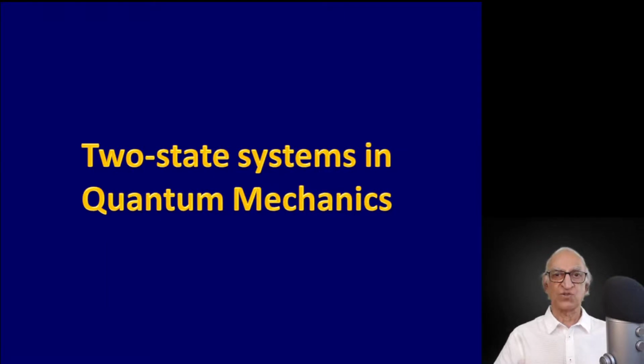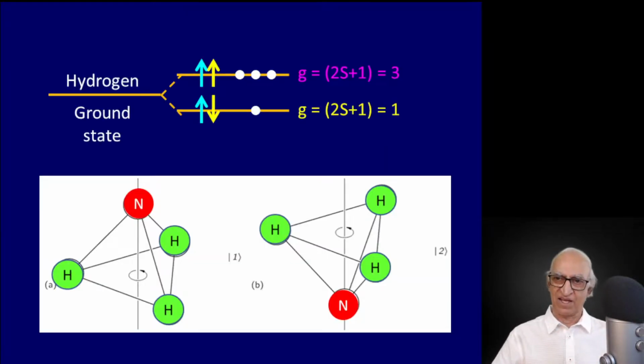Very good. So now we have three two-level systems. One is, of course, the Zeeman splitting. We'll leave that aside. One is the hyperfine splitting of the ground state of the hydrogen atom. And the other is the two-level system which corresponds to the ammonia molecule.